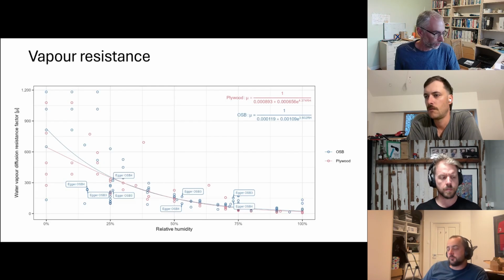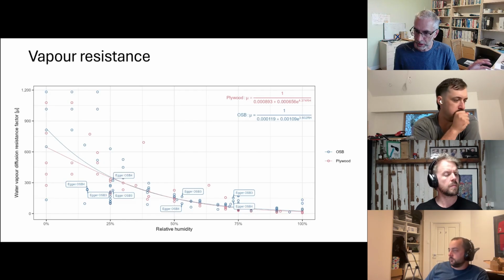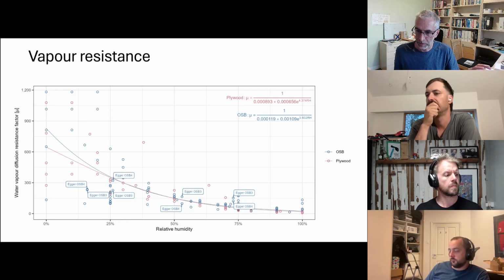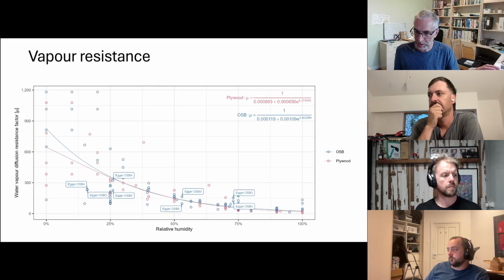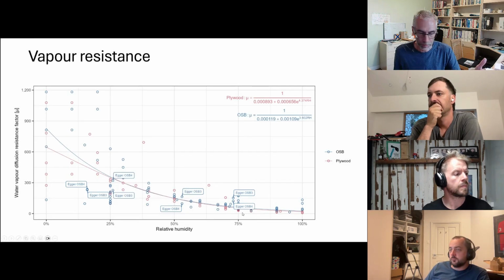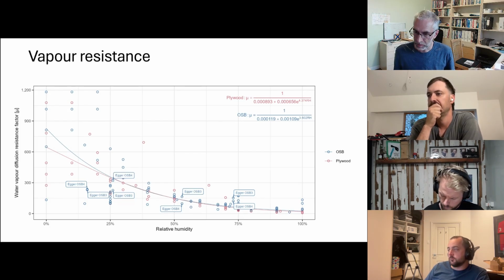And it would suggest, relative to many of my other samples, when it's dry, at low relative humidities, this particular Egger product has relatively low vapor resistance. That's generally, we'd argue, a good thing, certainly in a heating dominated climate. But at very high relative humidities, up around 75%, which I argue is when it matters most, that vapor resistance is actually significantly higher than most of the other samples there.